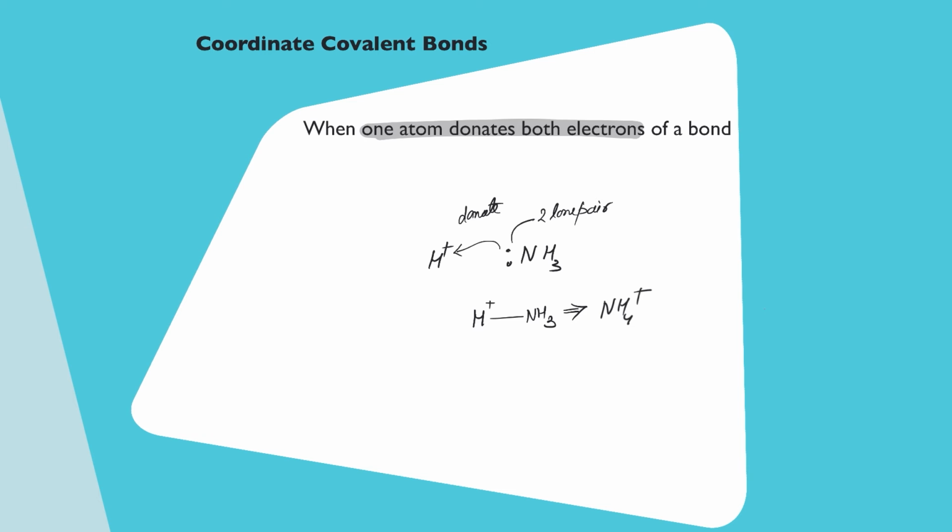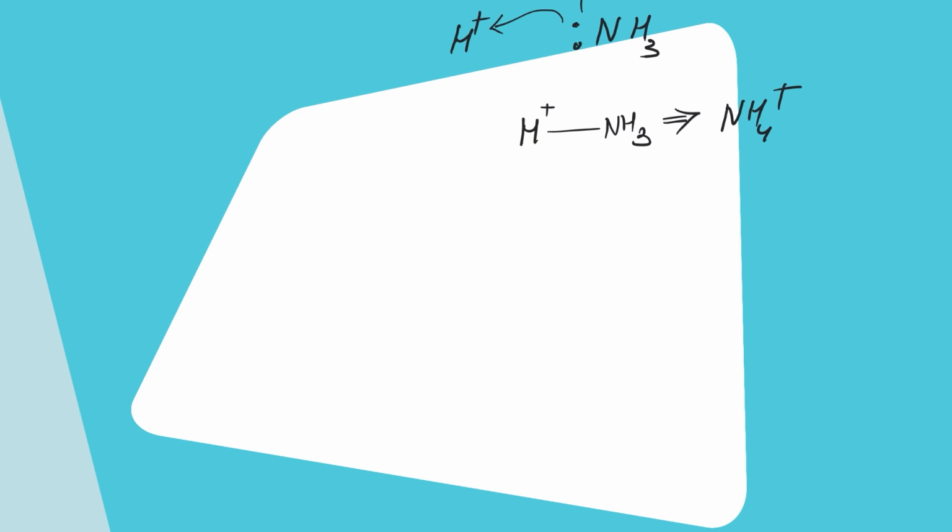Now, one more thing that we are going to talk about at the end is types of covalent bond. Now, what are the types of covalent bond? So, very essentially, there are 2, polar and non-polar. What does that mean? The word itself tells you a lot. So let's talk about oxygen.